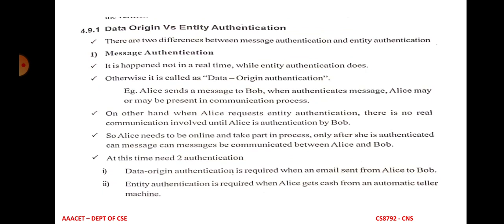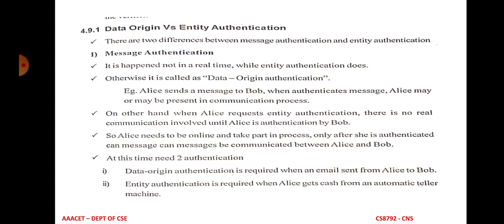Data origin authentication is required when an email is sent from Alice to Bob, right? It is not real time, but entity authentication is required when Alice gets an amount from an ATM. Taking an amount from an ATM is real time. So what happens in real time is called entity authentication, but data origin authentication is like sending a mail to another person.